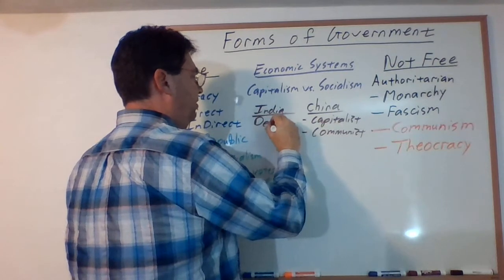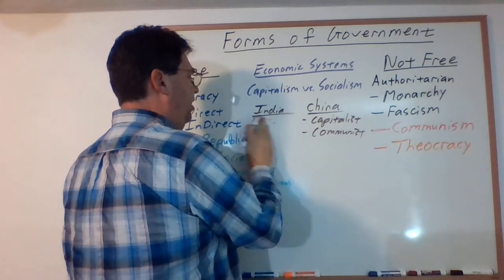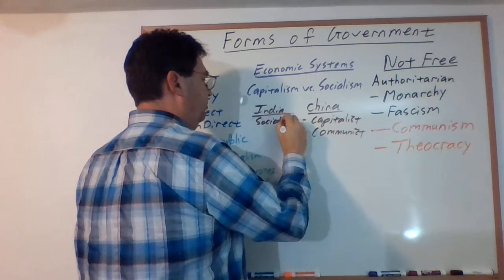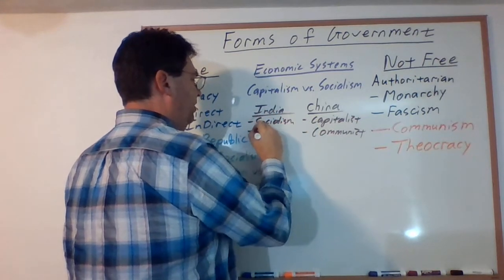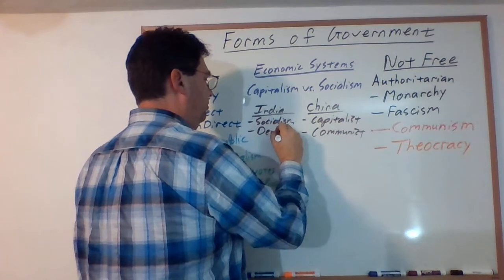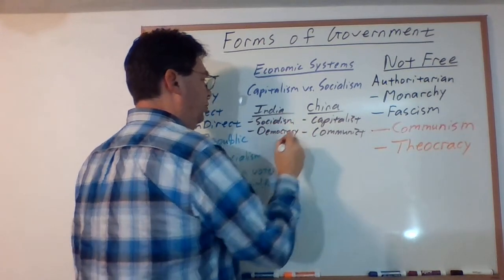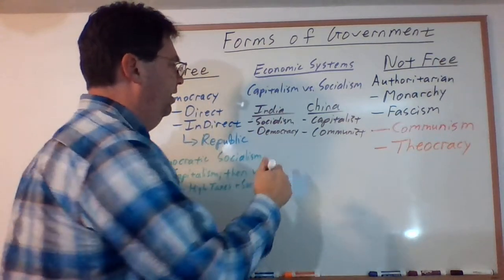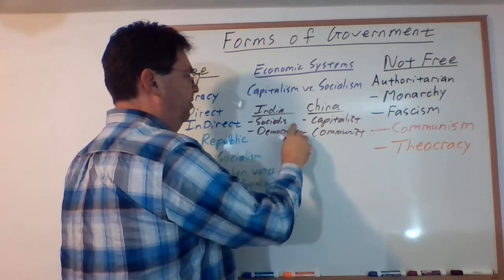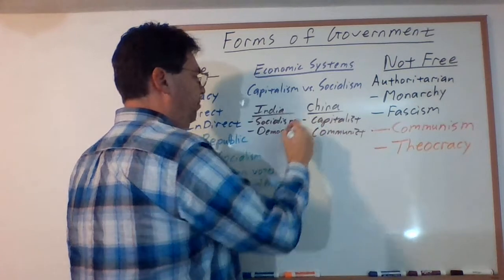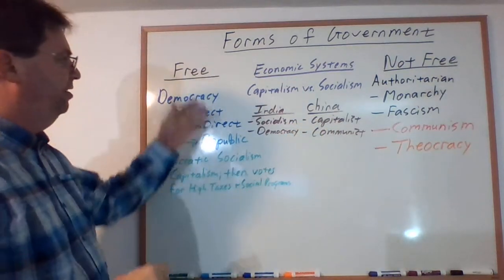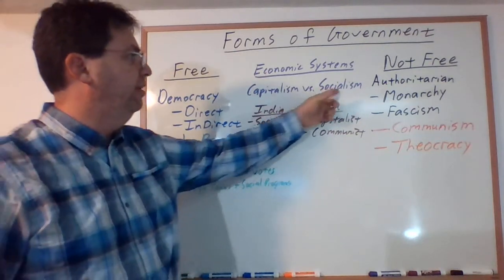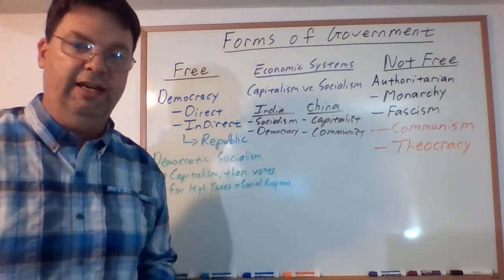India has socialism for their economic system, and they got there by voting for it with democracy. So India has socialism for their economic system, but they are free to vote for it, and they do. They've voted for a very government-controlled economic system.